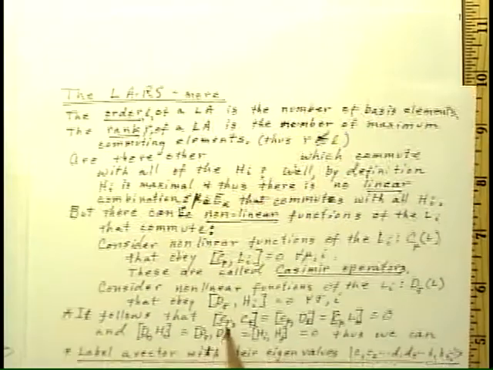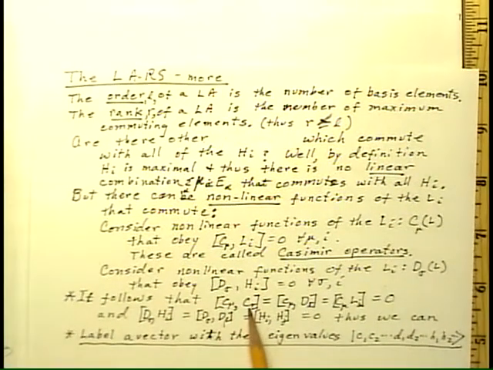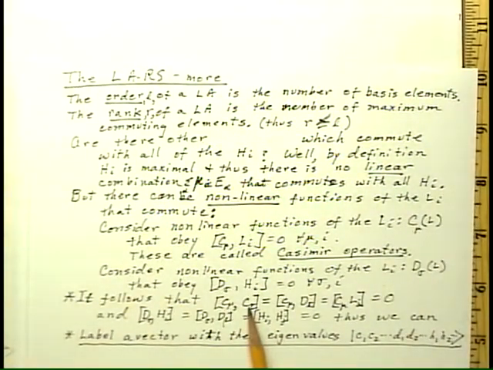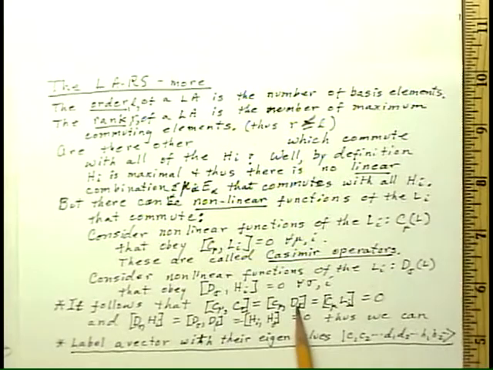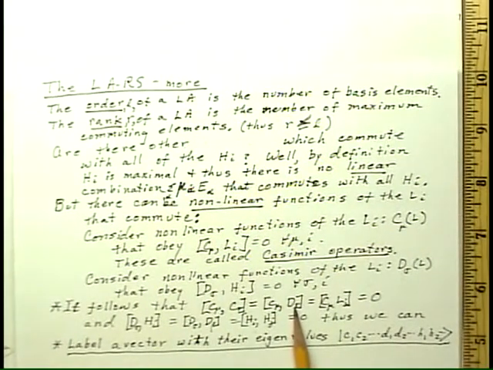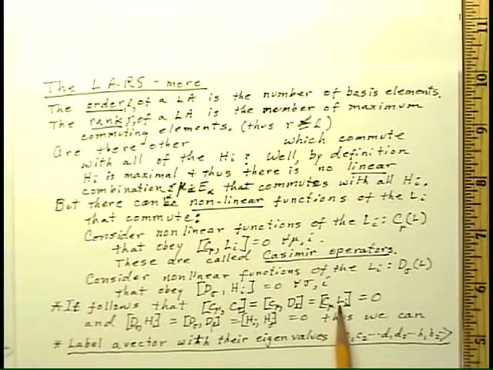It follows then that all of the Casimir operators, since they're functions of the L's, commute with one another. It also follows that Casimir operators commute with all of the D-type operators. It also follows that the Casimir operators, by definition, commute with all of the L's. By definition, the D's commute with the H's, the D's must commute with the other D's, and the H's commute with the H's.